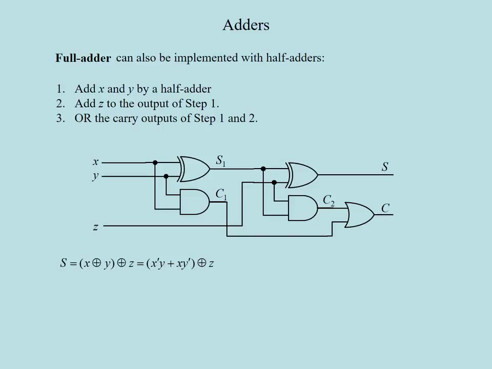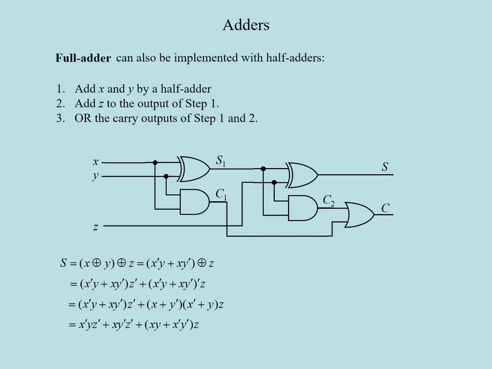We see that the sum bit S is generated as X XOR Y XOR Z. We can expand first the XOR operation in the parentheses and then the other one by successive algebraic operations, that is, first applying De Morgan's rule in the second term and using the distributive laws in both terms. We get the sum of the same 4 minterms that appeared in the truth table of S.